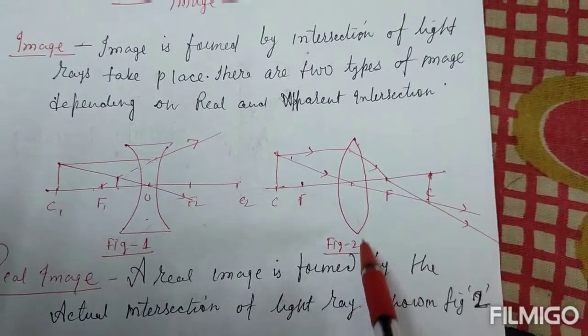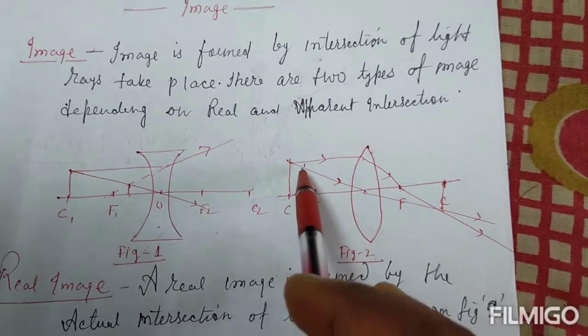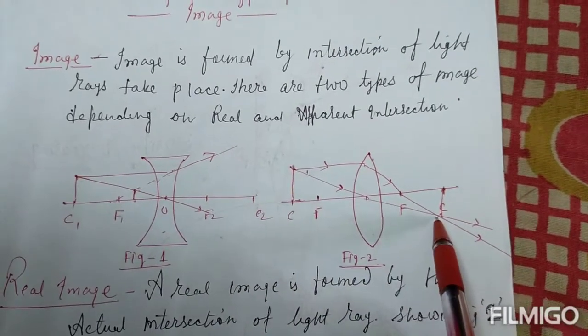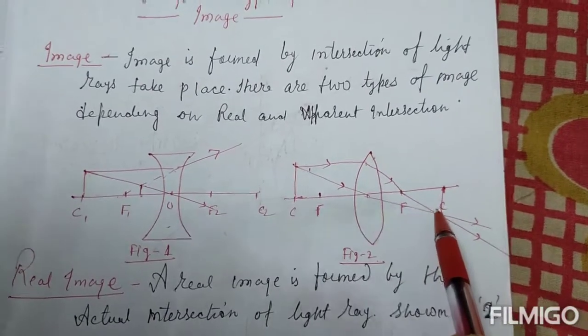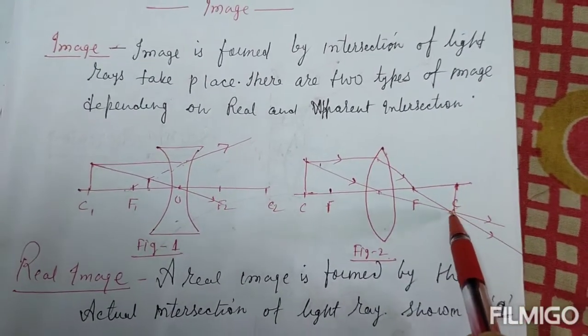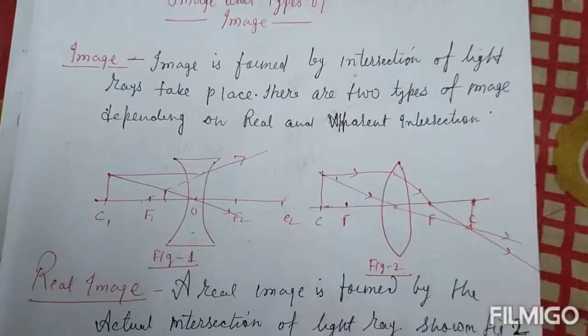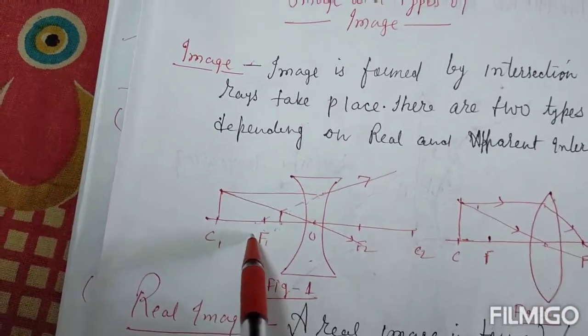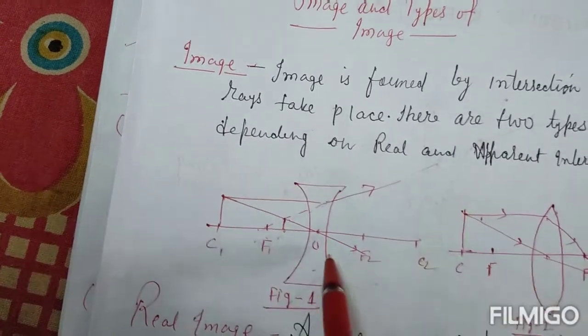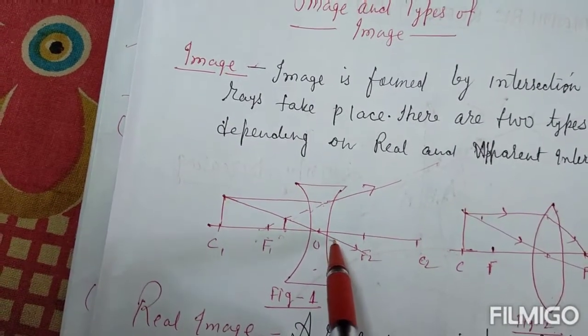In figure 2, two rays intersect at this place. These are continuous lines, which means real, actual intersection is taking place. So this is a real image. In the other image, apparent intersection is taking place. Actually, this ray is going in this direction, and this ray is going in this direction.